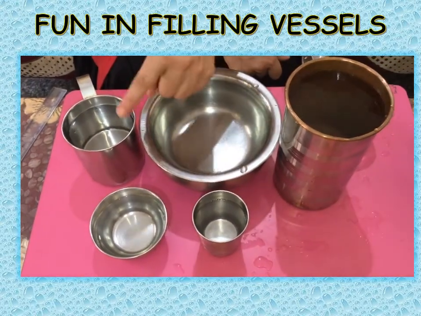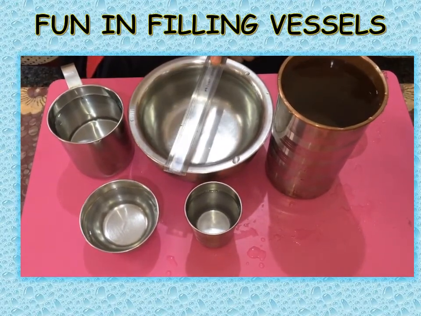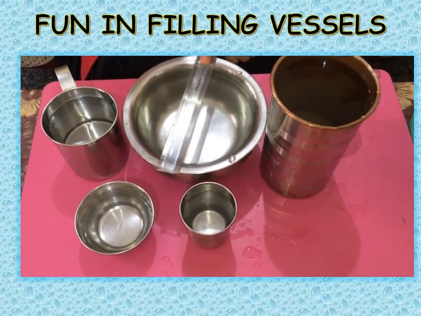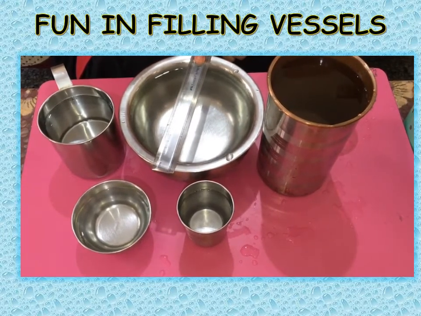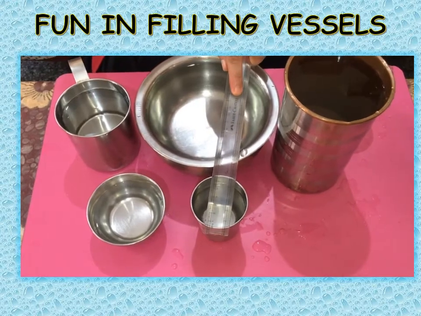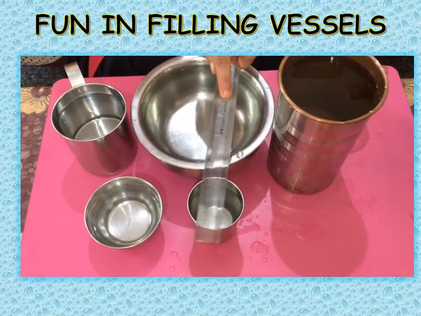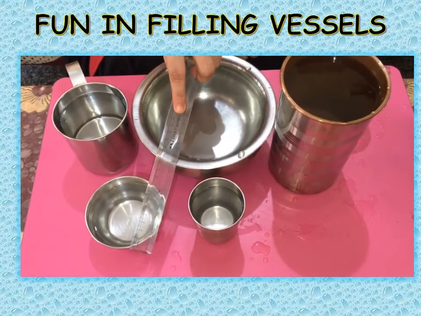So what we conclude from this activity, children, is that the capacity of the pot is maximum. It holds the maximum amount of water, and the capacity of the bowl and smaller glass is least. So they hold less amount of water.